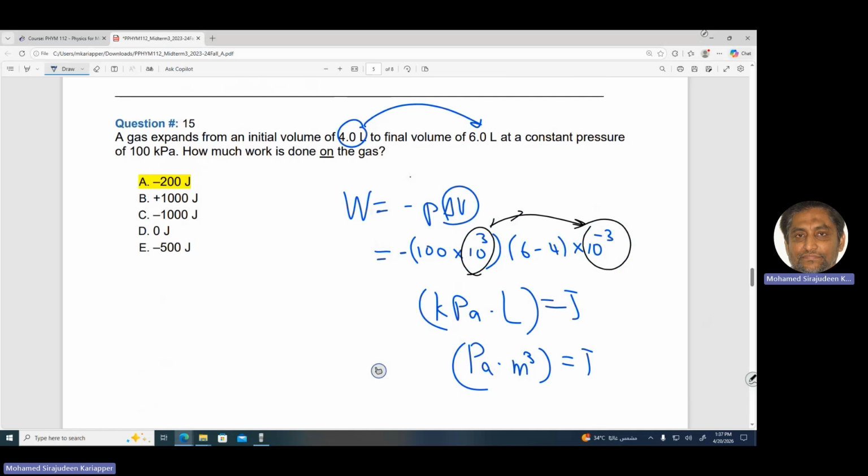What's the answer? 2 into 100 will be 200, but there's a negative sign, so it will be the answer. Yeah. 10 to the minus 3, because liter is not SI unit. Meter cube is the SI unit. Kilopascal is not SI unit. Pascal is the SI unit.